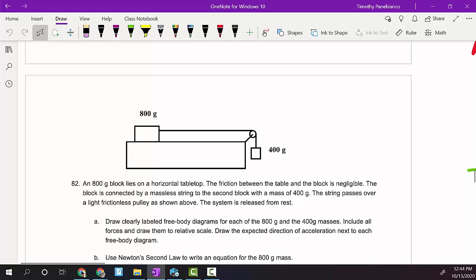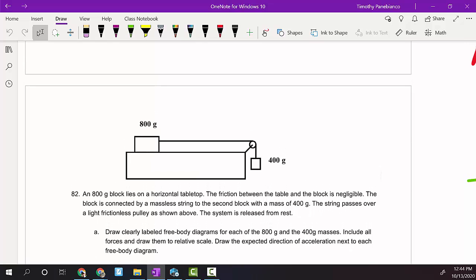Let's draw the free body diagram for each of these objects per what part A says to do. So let's label this block A and this block B. This will have MAG. It'll have an equal normal force up and a tension force to the right.